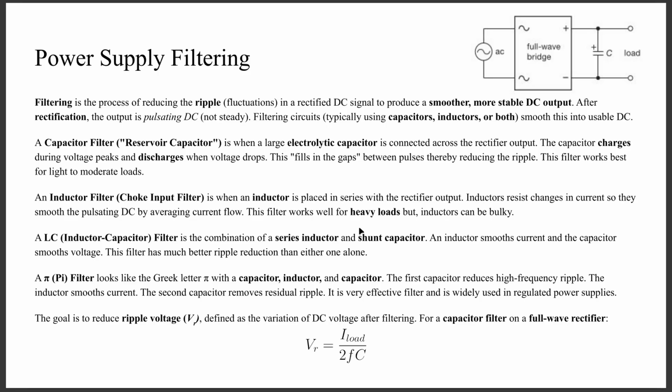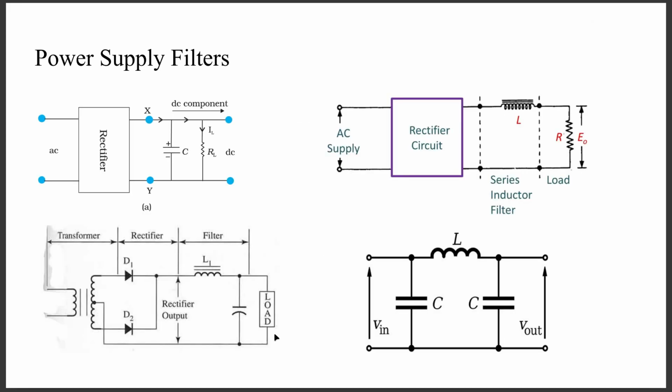The goal is to reduce the ripple voltage, defined as the variation of DC voltage after filtering. For a capacitor filter on a full-wave rectifier, VR is equal to I load over 2 times frequency times C. And these are the examples of the power supply filters. So you have the capacitor, inductor, inductor-capacitor, and then the pi.